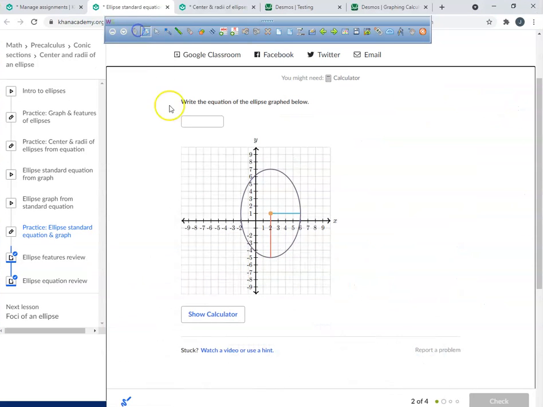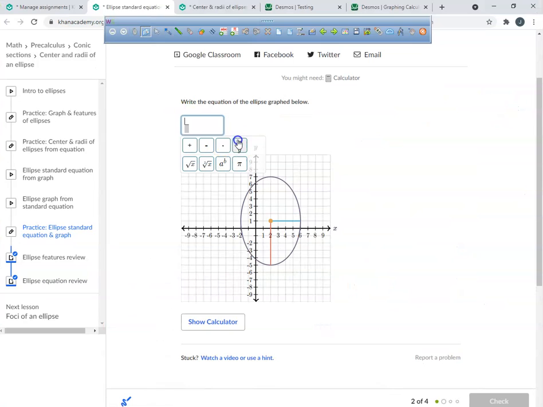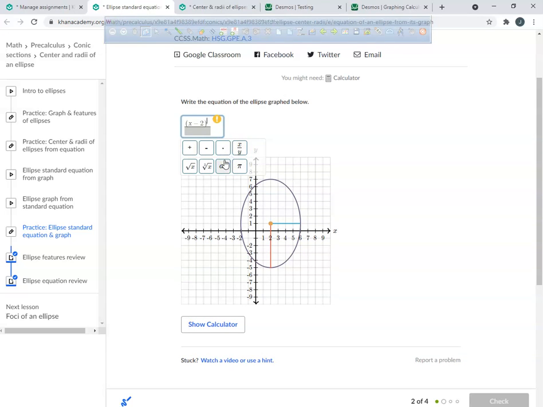All right, I'm going to type it in now. It's going to take a little bit of time because I got to put the little division. Got to put parentheses x minus 2. This is where you got to take time. And I believe that was over 16. Got to put a little plus. y minus 1.